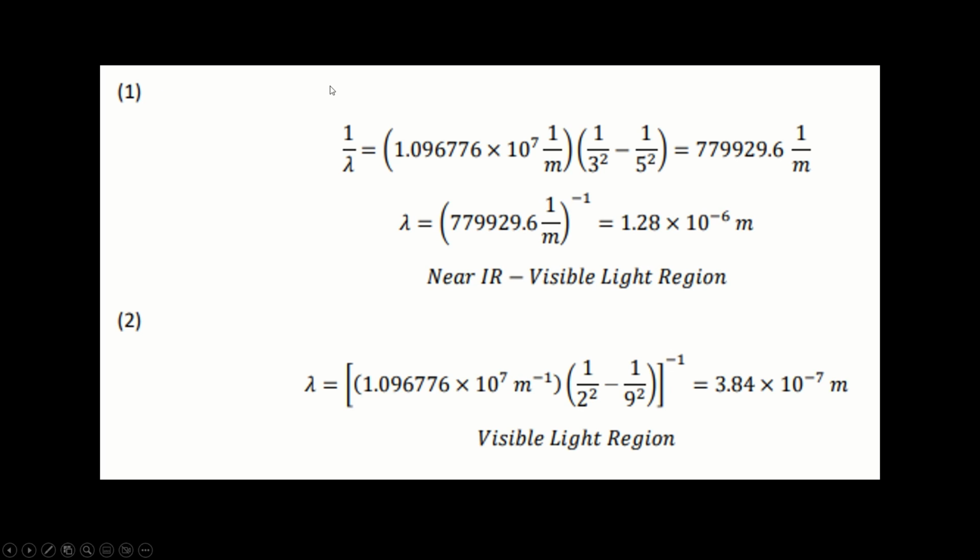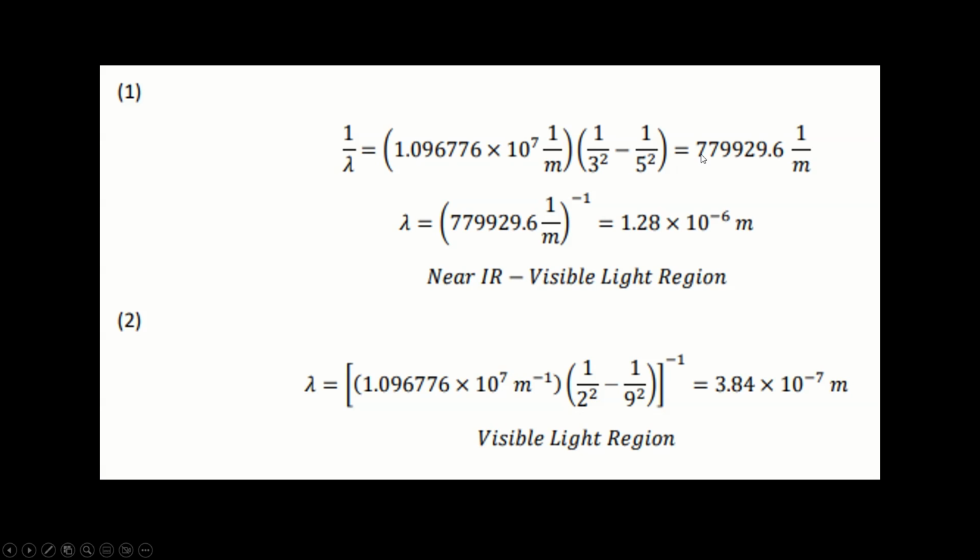So for question 1, 1 over the wavelength equals our Rydberg constant, 1.096776 times 10 to the 7th, 1 over meters, times the quantity 1 over the final energy level. For Paschen, that's 3, so 1 over 3 squared minus 1 over 5 squared, the 5 being the energy level we were told that we started with.